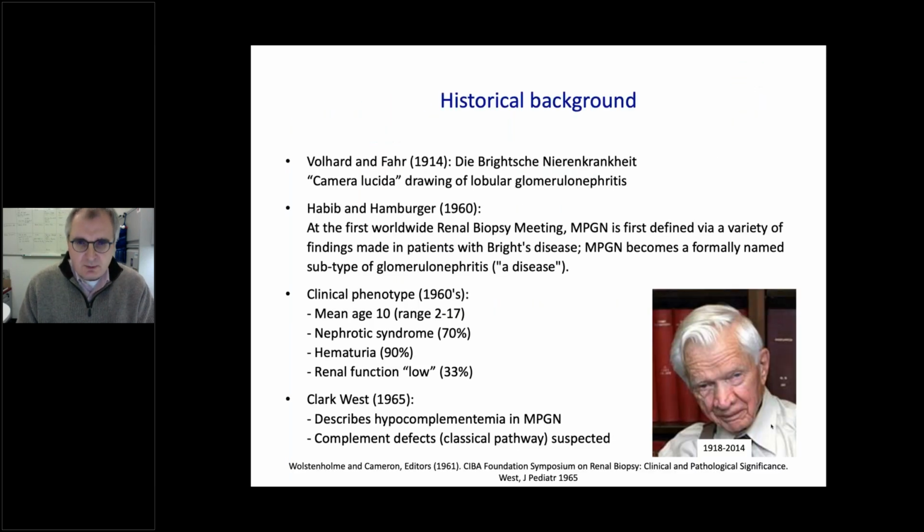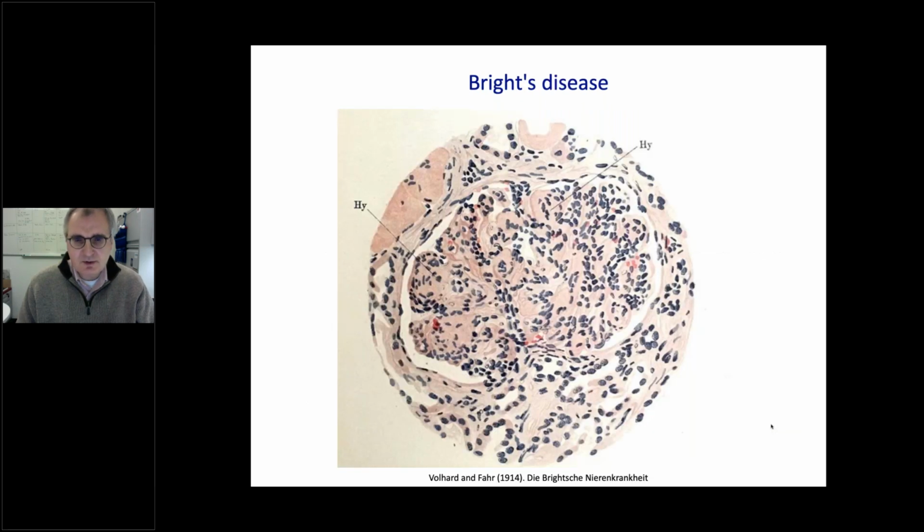If you want to really go back into the beginnings of the background of MPGN, then you end up with a different term. It's Bright's disease, die Brightsche Nierenkrankheit. As a German, I can pronounce that. And it was introduced into literature actually by Volhard and Fahr in 1914. And I just skip to the next slide to show you the drawing from this original publication.